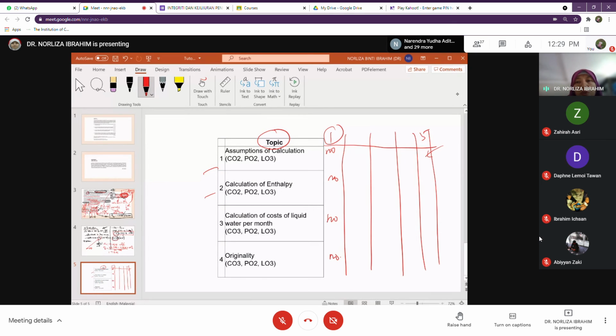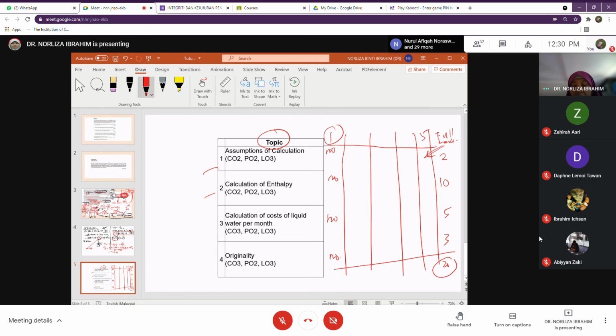For the assumption, normally we will give you 5, full mark here. Let's say that if we refer to the first question, 20 marks, normally this one may be 10, this is 5, this is 2, this is 3. So total will be 20.